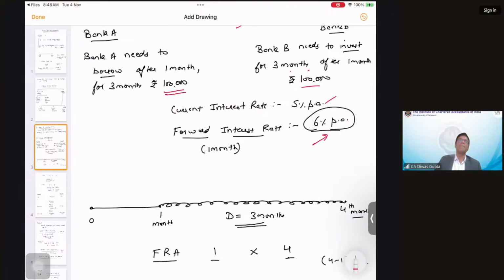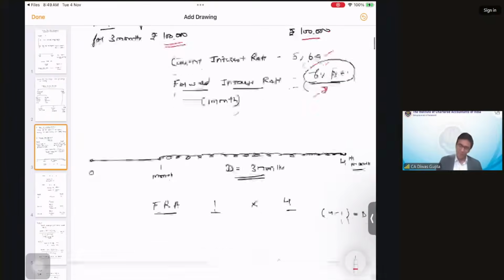Bank B also assesses this deal at its level and concludes that it is okay to enter into the deal. So in a way, they both have agreed to 6% per annum, which is the agreed rate. So they are able to mitigate the risks of any adverse movements in the interest rate.